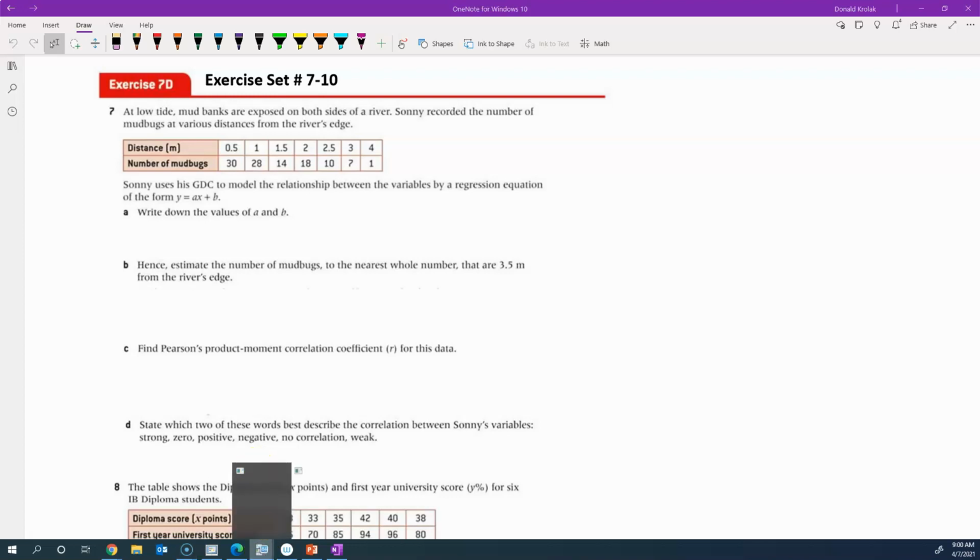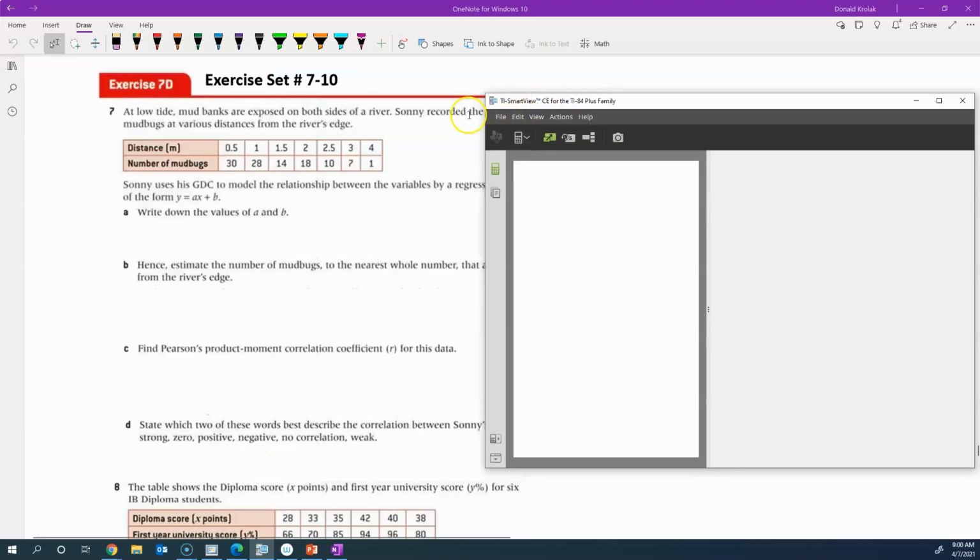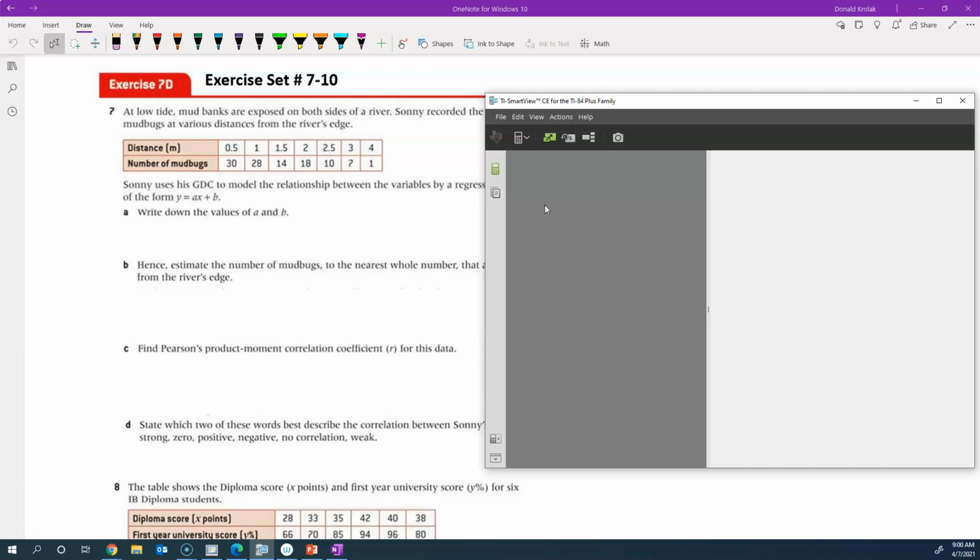All right. So first thing, guys, since you're dealing with linear regression, turn your stats on. If you haven't got a calculator, grab one.